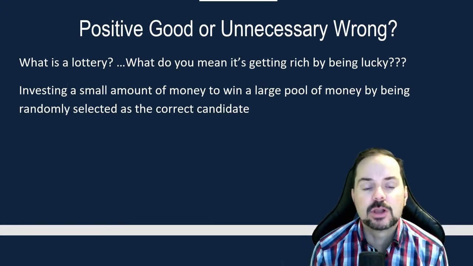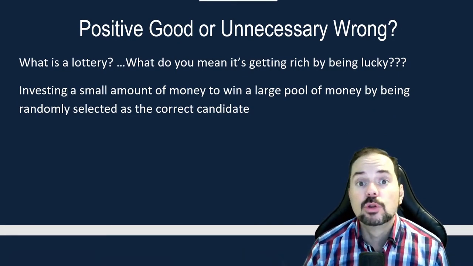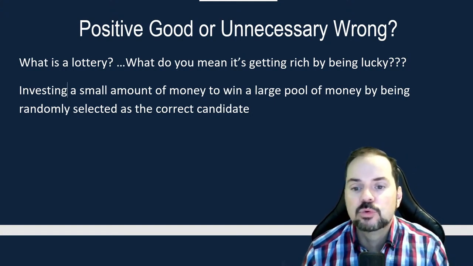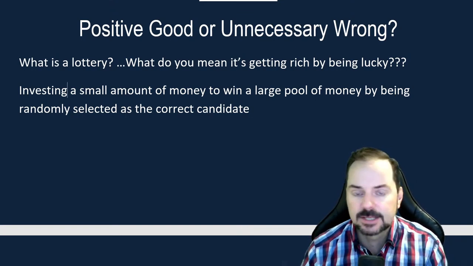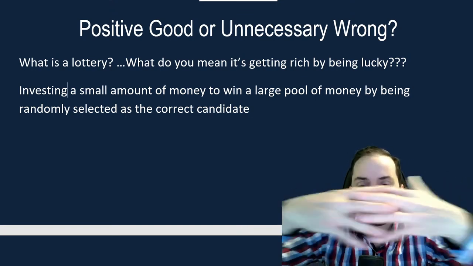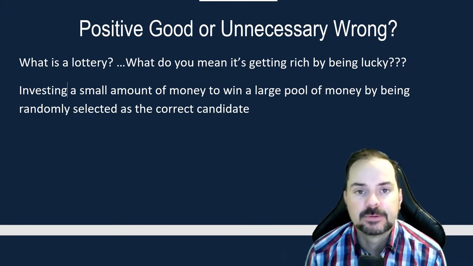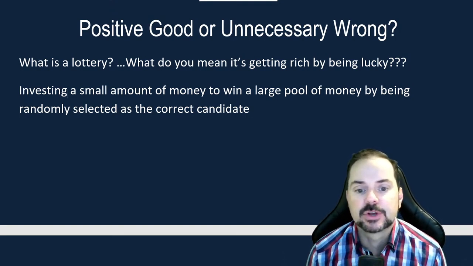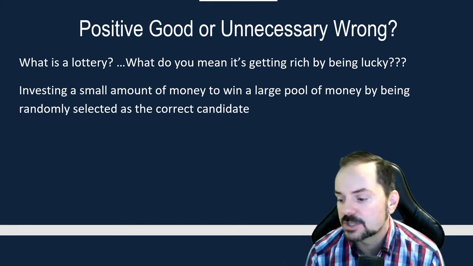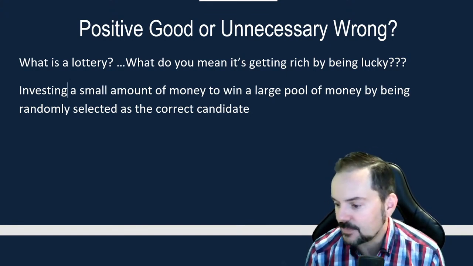We invest a small amount of money, like $1, to win a large pool of money. You could also say sum of money if you don't know the word pool in this context. I'm sure all of you know the word pool, but you might not know it as pooling money, like putting money together. So a large sum of money by being randomly selected as the correct candidate for that pool of money. So that would be my definition, but as long as you're kind of there, you're okay.